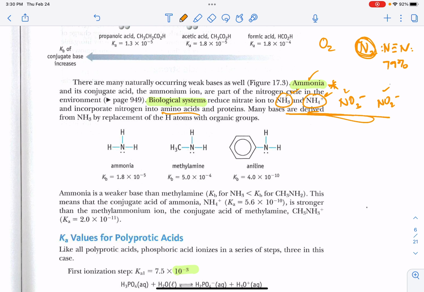Whereas animals can get rid of their nitrogen in nitrogen compounds like urea or uric acid, which concentrate that and you don't need as much water. Also, if you look down here, if I knock off this hydrogen and replace it with a methyl, or knock off that hydrogen and replace it with a phenyl, I am creating other kinds of molecules that have a similar structure to ammonia and are also organic bases.